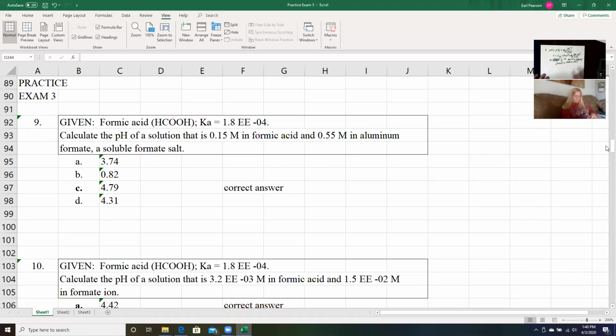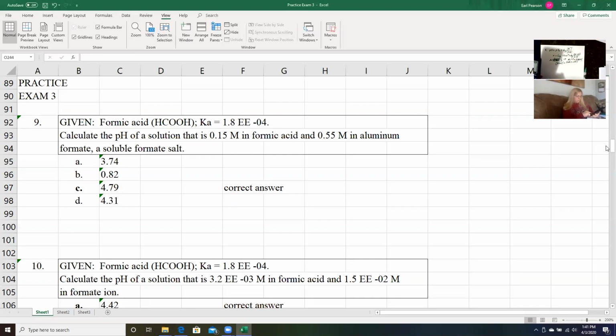Okay, now I'm going to do the math. So I want minus log of 1.8 with an exponent of minus 4. Close that parenthesis. Be sure to do that. And I want to do plus the log. My left parenthesis, my calculator puts that in.